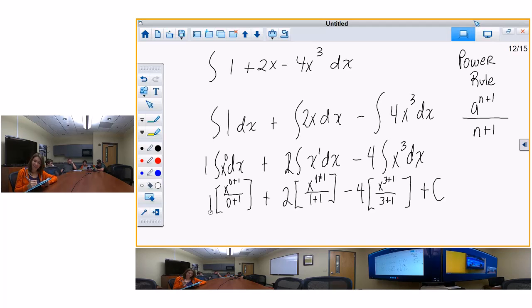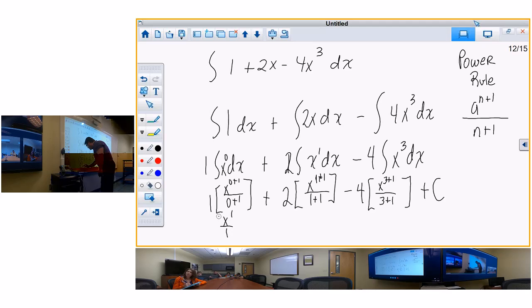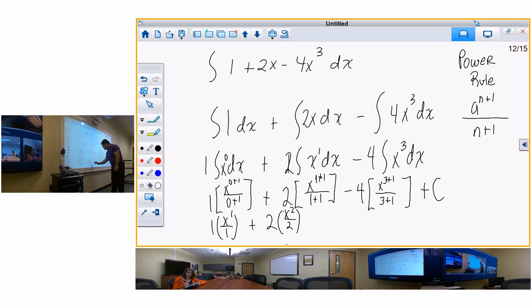All right, so this gives you x to the first over 1 times 1, plus 2 x squared over 2, minus 4 x to the 4th over 4. Now simplify it.